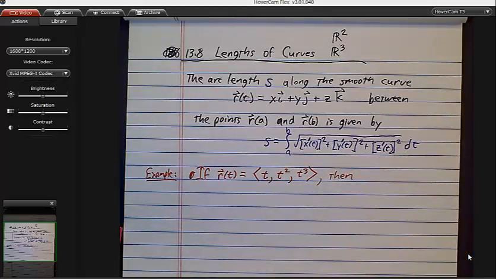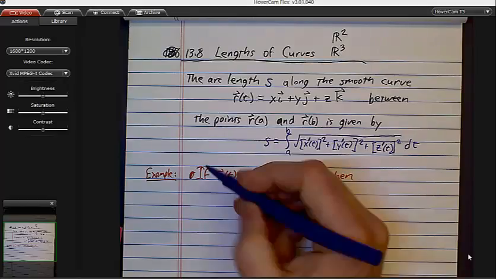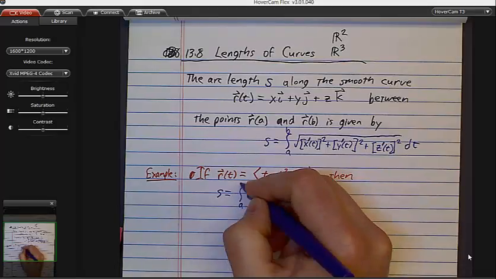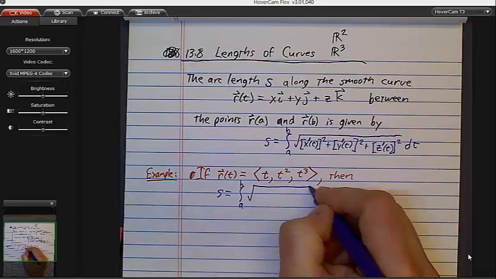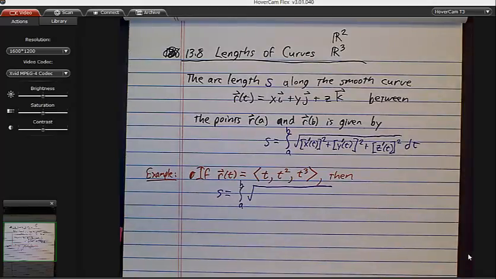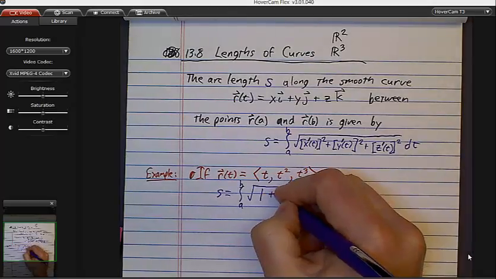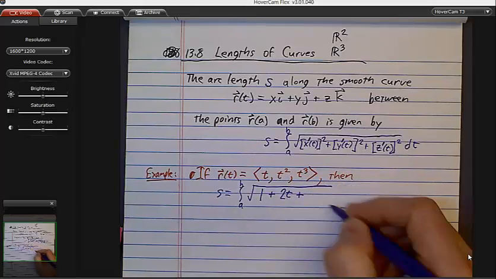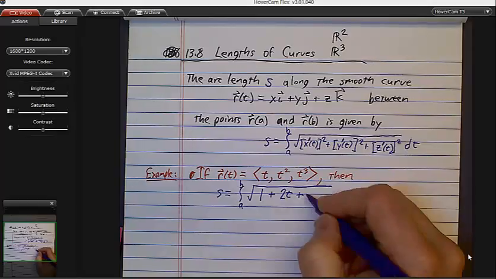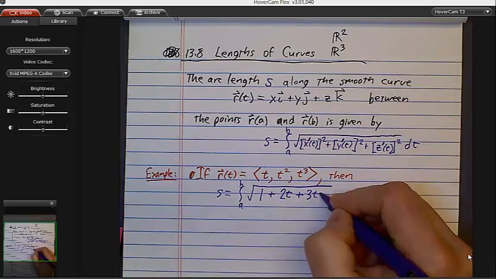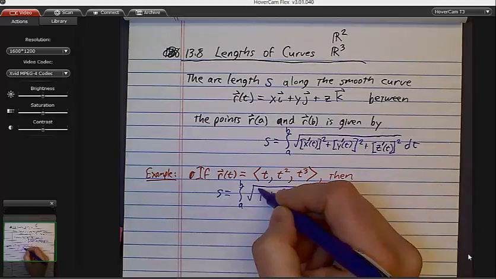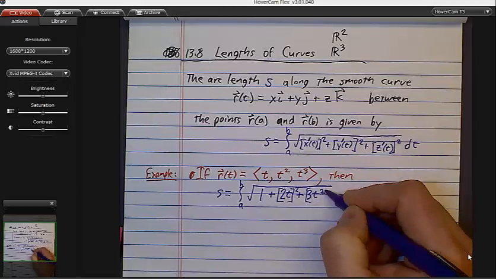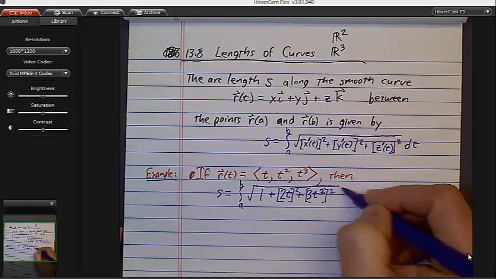Then what do we get? We get S is equal to the integral from A to B of the square root of what? 1 plus 2t plus, wouldn't it be 3t squared at this point? Oh, we need to square each of these things, you're right. So it's 2t quantity squared and then 3t squared quantity squared, dt.